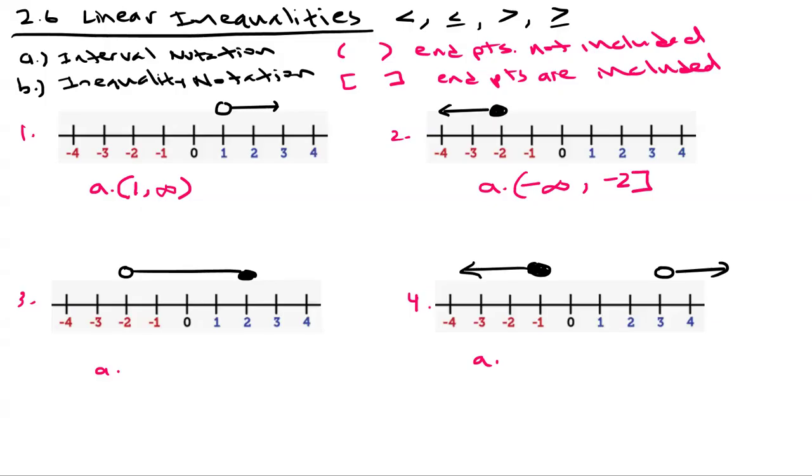All right. For the third one, we have -2, that is an open circle. So I'm going to have a parenthesis there, and it goes up to 2, which is a closed circle, so I'll have a bracket there.